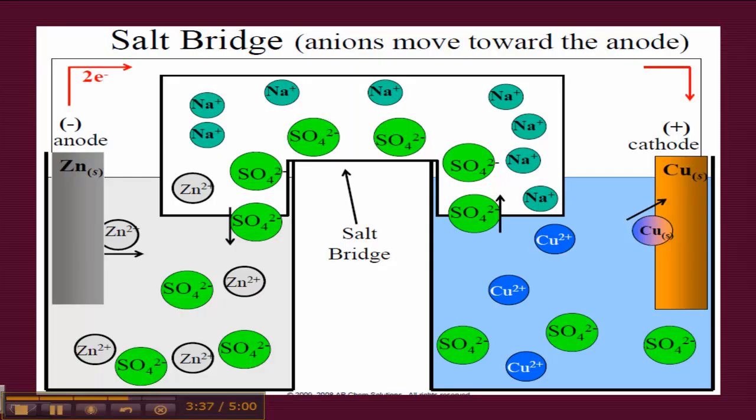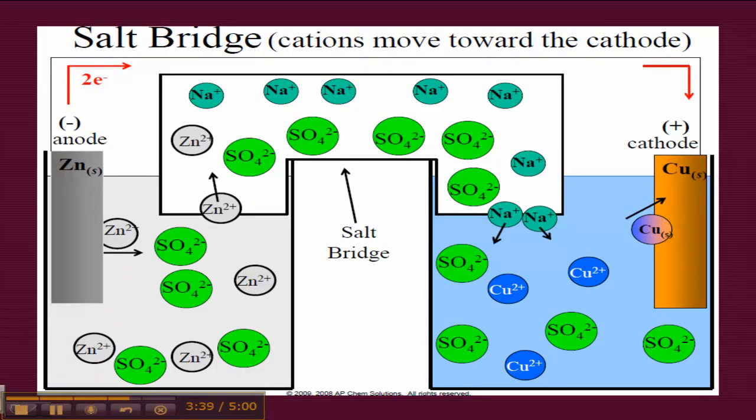Now this next one's going to show some movement. The zinc ion is moving into the salt bridge and 2 sodium ions are moving out of the salt bridge to maintain neutrality. So as the zinc 2 entered the oxidation half cell, a zinc ion entered the salt bridge to maintain neutrality. At the same time, the copper 2 gained 2 electrons and transforms into a copper solid.